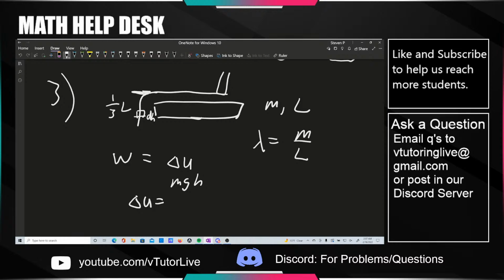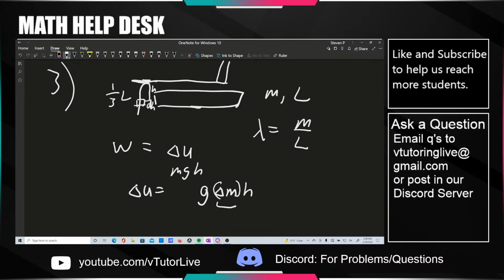If this is dh, and it also has to travel some height h, the change in potential this little chunk experiences is going to be gravity times a small chunk of mass, delta m, times h.